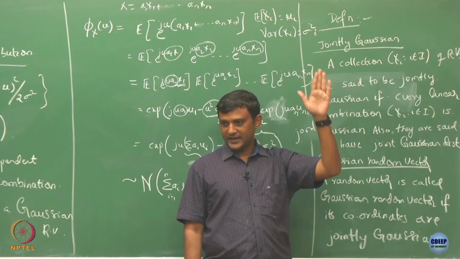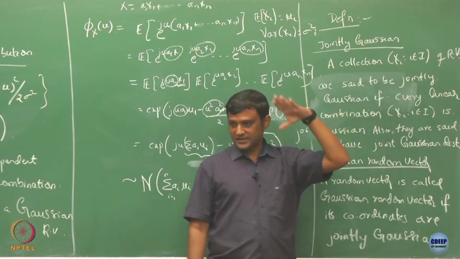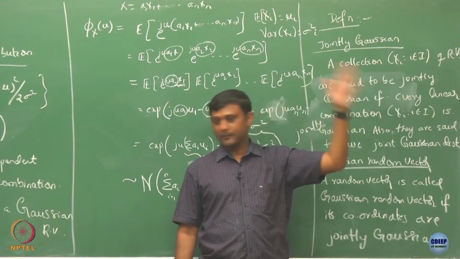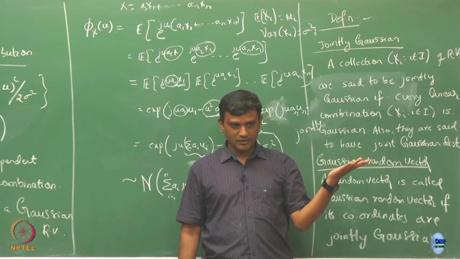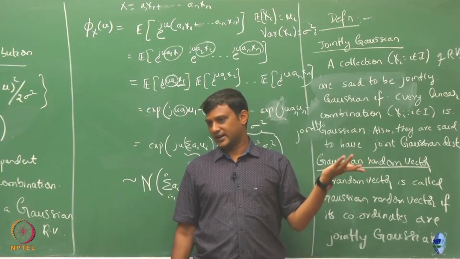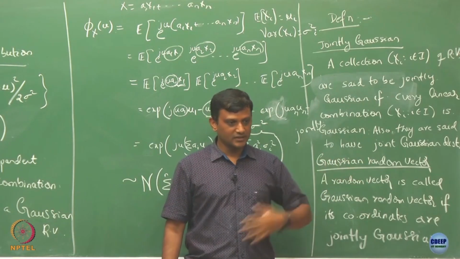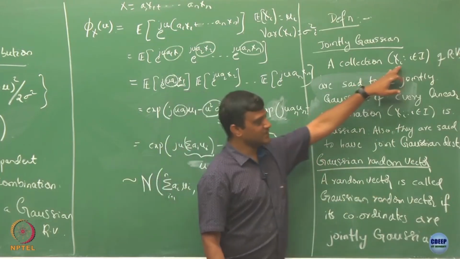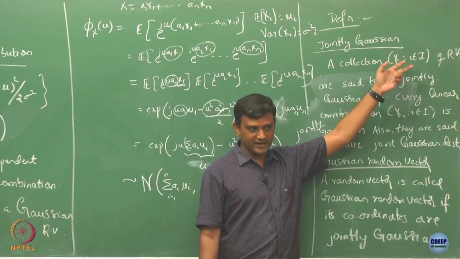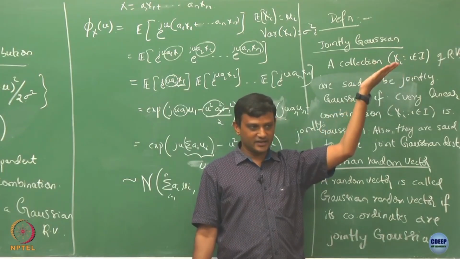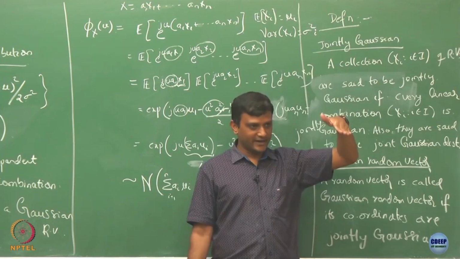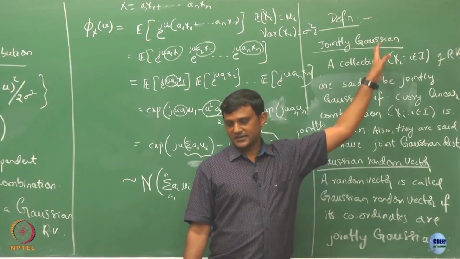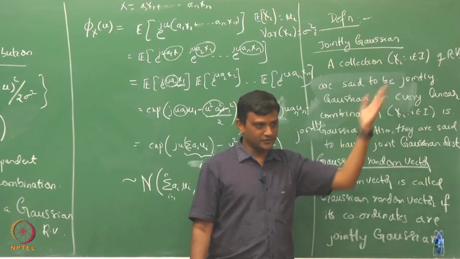If these components happen to be jointly Gaussian, then we are going to call that random vector simply a Gaussian random vector. So here we just said a collection of random variables, but I can treat this collection of random variables as a vector in which these constitute the components.